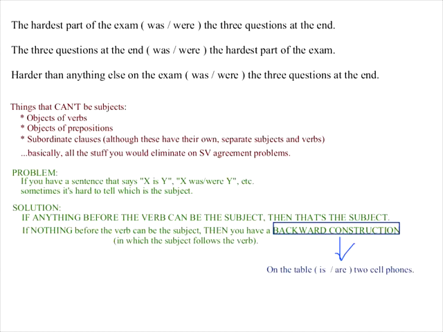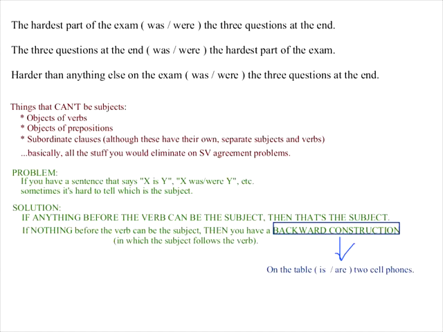Everybody indicate in the text box whether this is or are. Okay, excellent. Everybody's got this one right. Indicate in the text box, please, what is the subject? The subject is two cell phones.